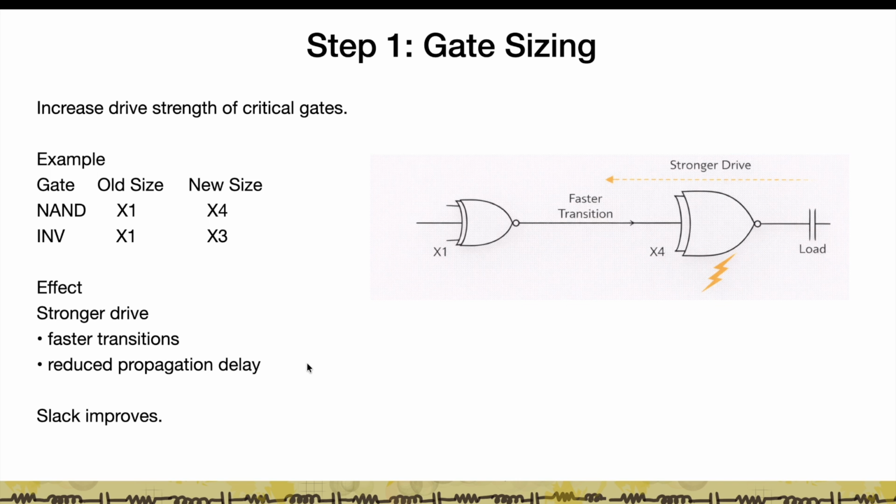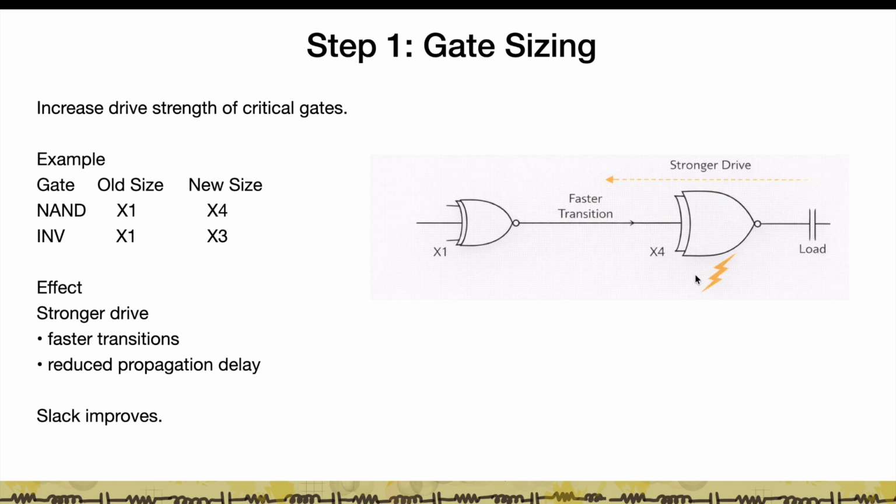A larger cell contains wider transistors that can source or sink more current, charging load capacitances faster and reducing propagation delay. The trade off is real. Bigger cells take more area and consume more dynamic power. But on a critical path, that's usually an acceptable cost.